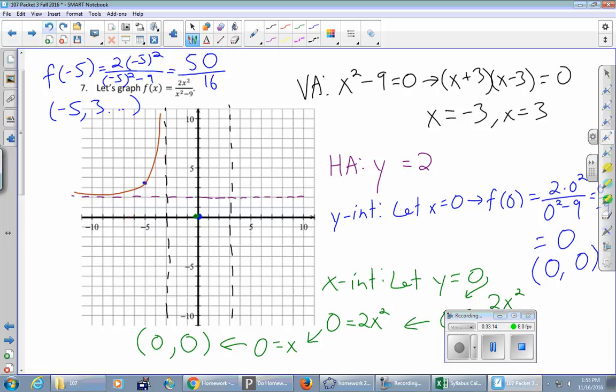Okay, let's pick another number here in between. Let's do something in between -3 and 0, maybe -1. So f of -1 equals, okay, upstairs, what do we get? 2 times +1 is +2 there, over downstairs, -8. Everybody buy it? Yeah.